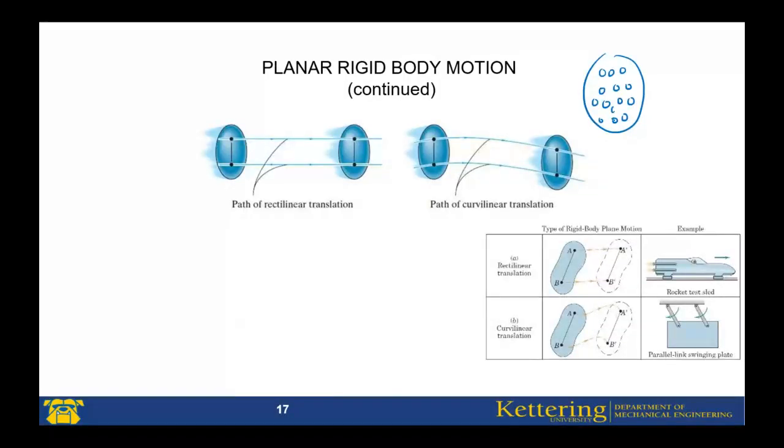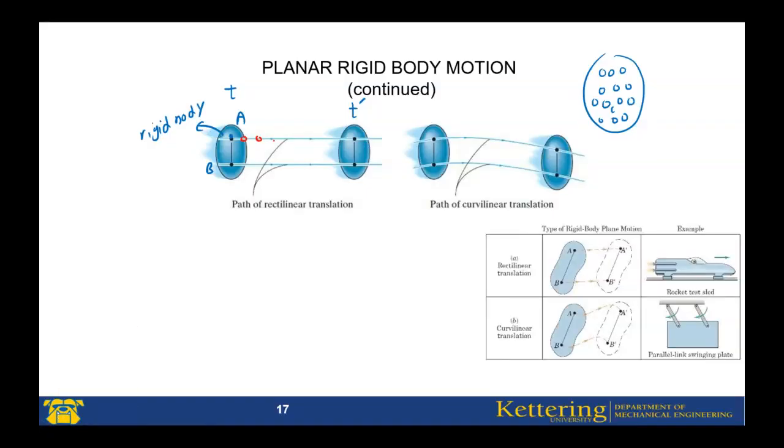If I select two particles inside the rigid body, such as A and B, this is the rigid body. And I track the position of A and B over time. For example, this is at time t, this is at time t prime.